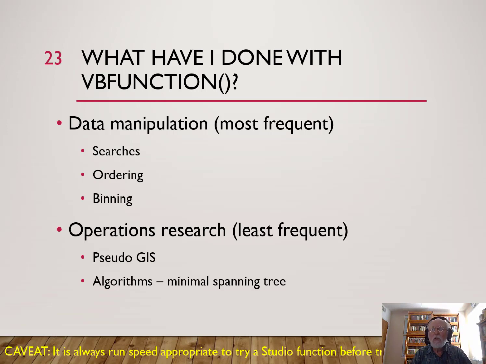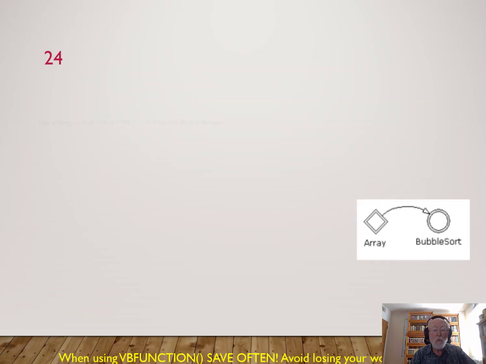And I'd say, "What do you mean?" He'd say, "Why are you doing a triangular function? It's built into Studio." I failed to look at the function list. So always do that first. Your model will run faster.